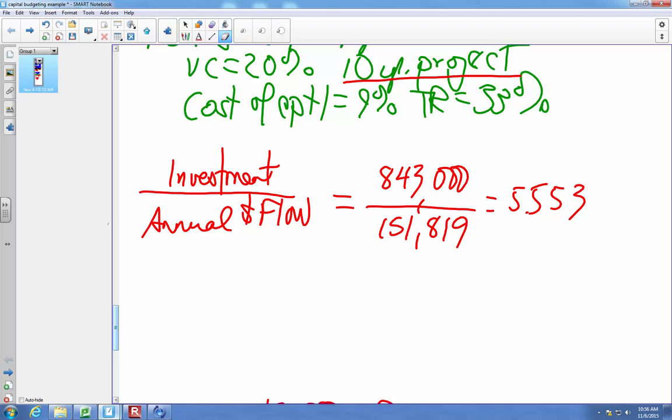Now you go to the present value of an annuity table, because that happens every year, right? Go to how many years the project is, find that row, and then go over and find the factor that's as close to this number as you can get. And that's approximately what the time-adjusted yield of the project is going to be.